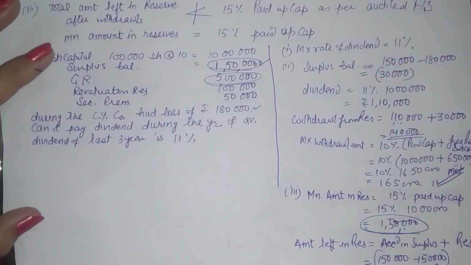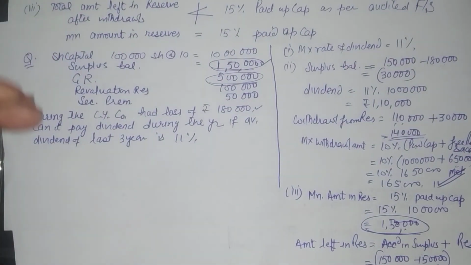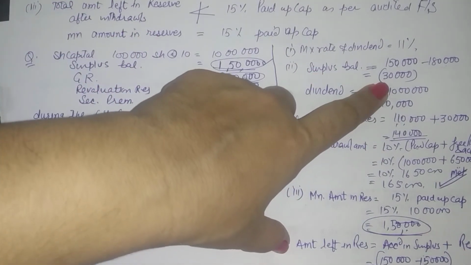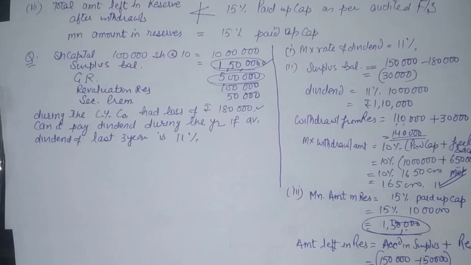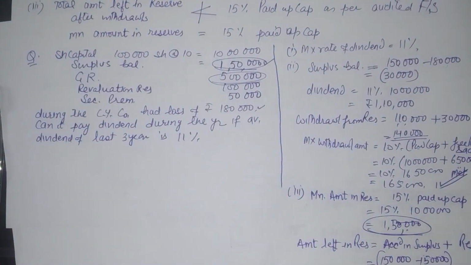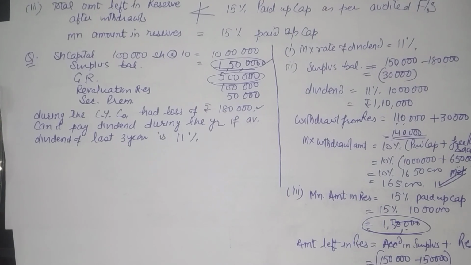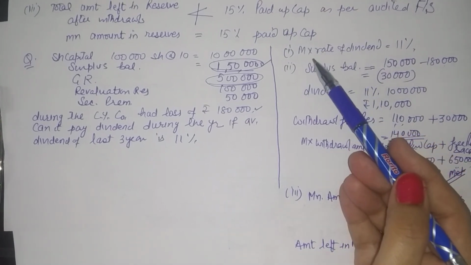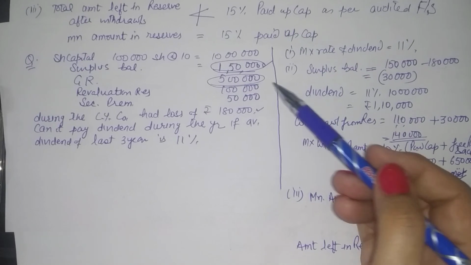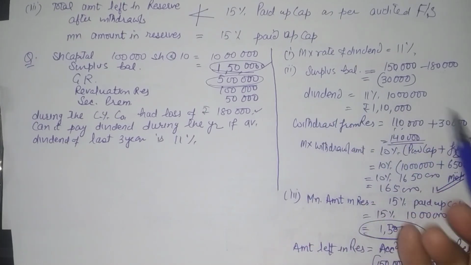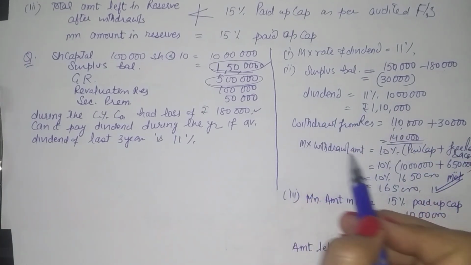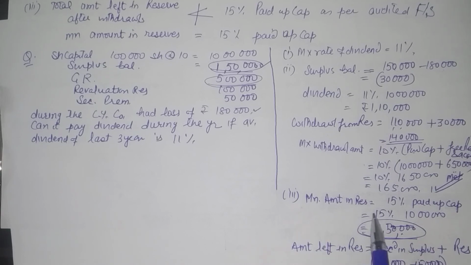We give dividend out of reserves when either we have nothing left in our surplus, like in this case we are having a debit balance, or our amount is not sufficient to pay the dividend. So in both the cases we will be withdrawing from the reserves, and we'll have to check the conditions regarding the maximum dividend amount, that is the maximum withdrawal limit, and the minimum balance to be maintained in the reserves.